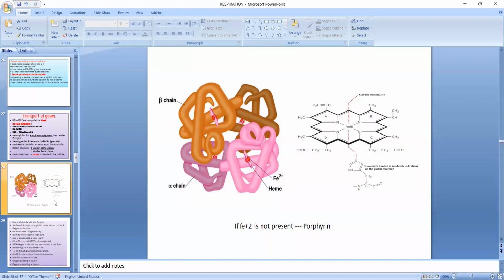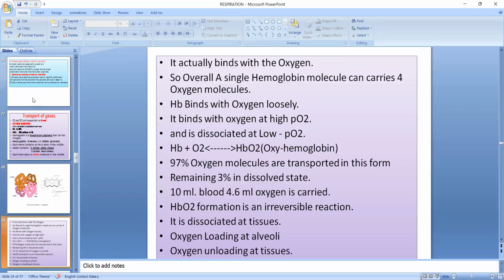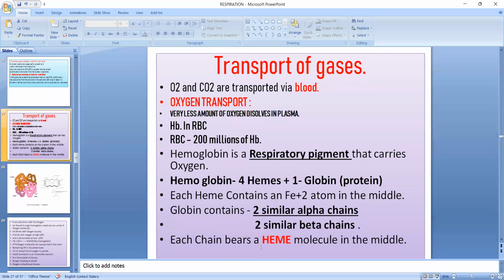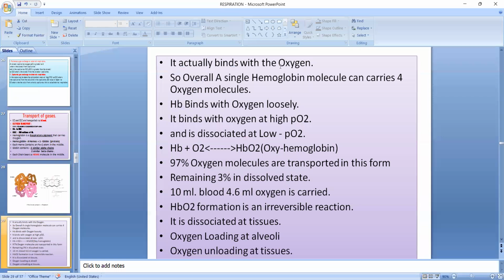Here each chain bears a heme molecule in the middle. It actually binds with the oxygen. The heme in hemoglobin binds with oxygen.